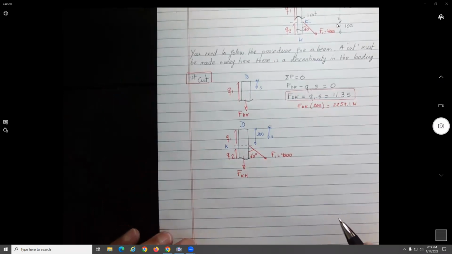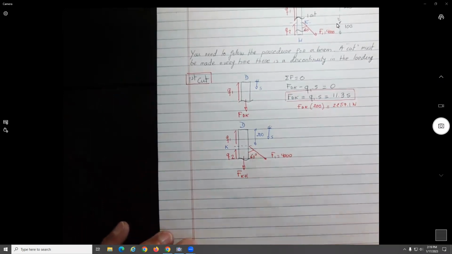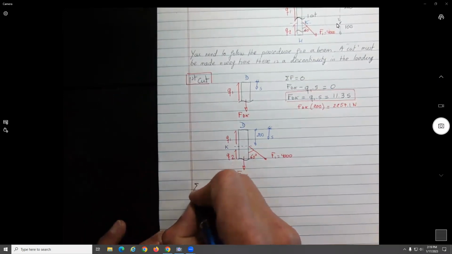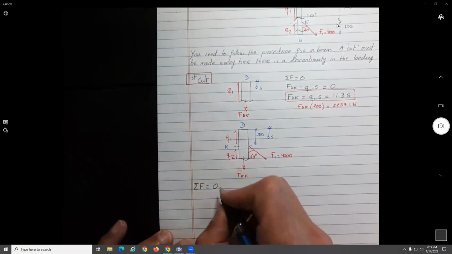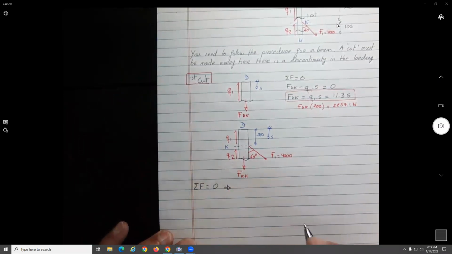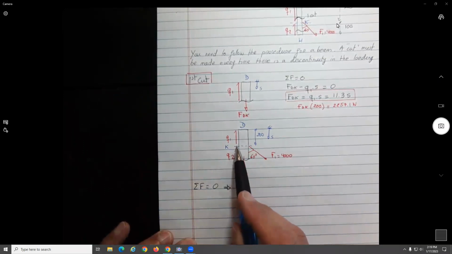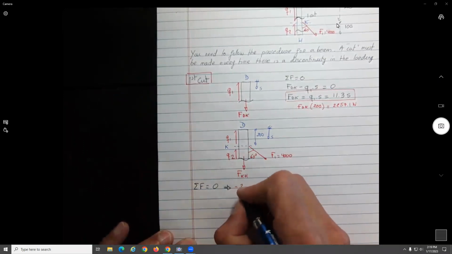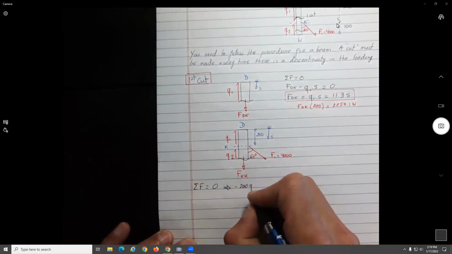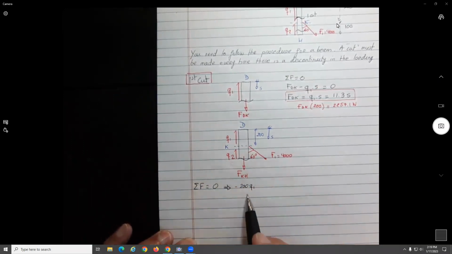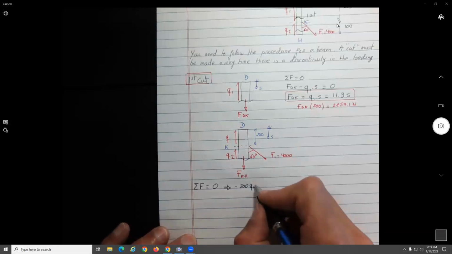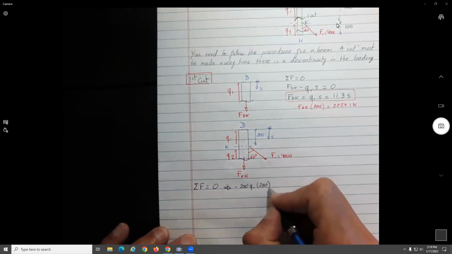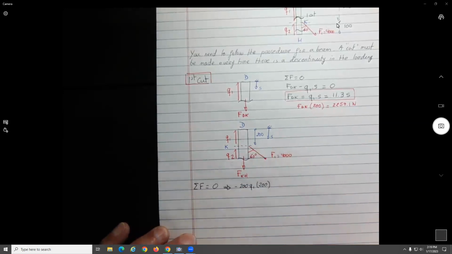As before, in order to find this, you assume that everything is in static equilibrium, so you can use summation of force equal to 0. It should give us what? If we look at Q1, this will give us minus 200 Q1. Remember, Q is shear flow, force per length. So it will be Q1 times what distance? 200, no?